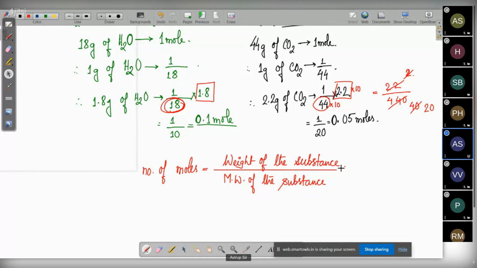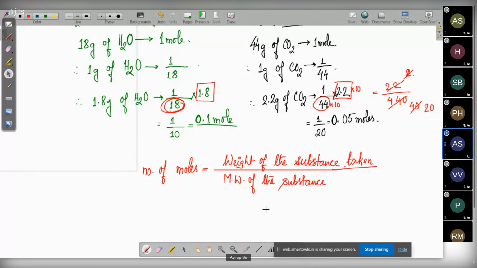So number of moles is equal to the weight of the substance taken divided by the molecular weight of that particular substance.